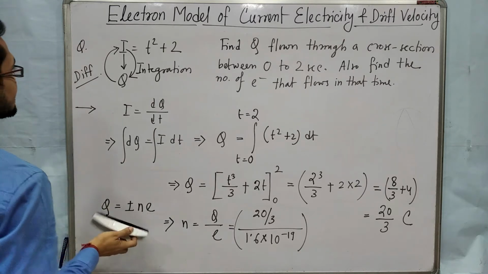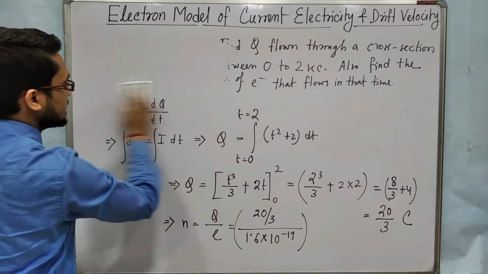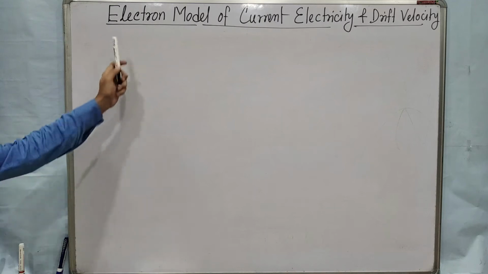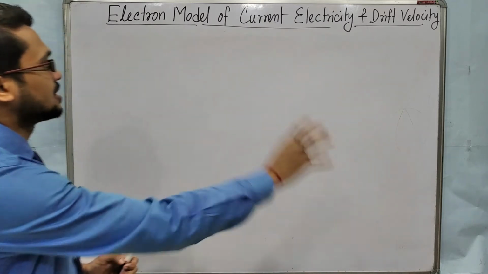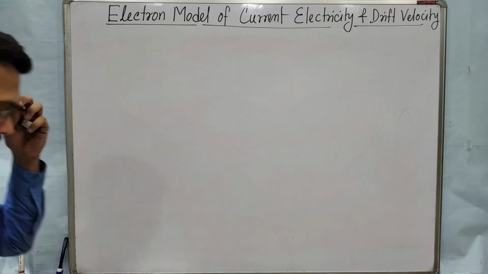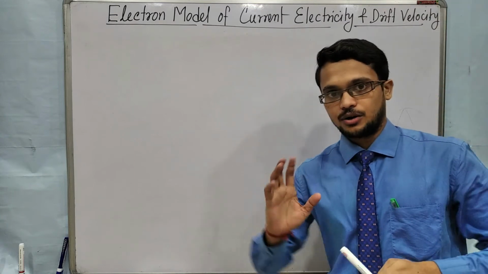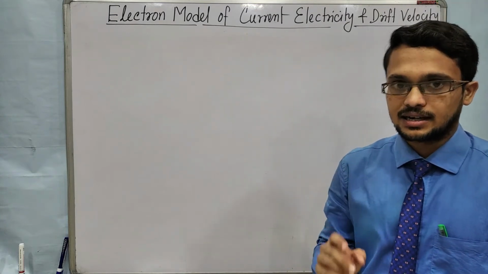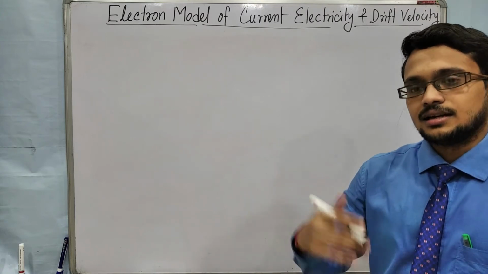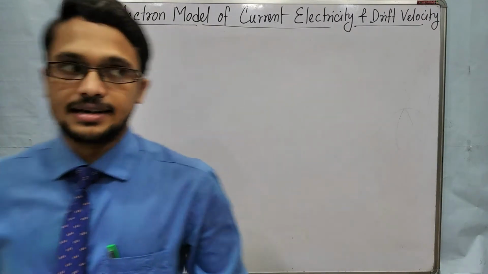Okay, I am erasing. Now we will start our new topic, that is the electron model. In this electron model, first we have to understand the proper concept. There is a story, and if you understand that story, how an electron moves in a conductor when there is no battery and no electric field, then step by step you will understand the electron model of current electricity.